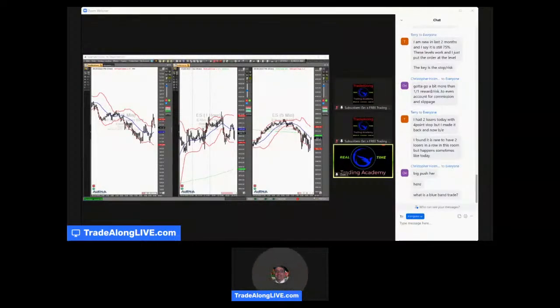The blue band trade is a trade taught in Saul's class. I can't give out the particulars, but if you notice on his chart, the market went back to the blue band, and the first time to it, which was up there at 74, we bounced off of it, and it bounced off good.